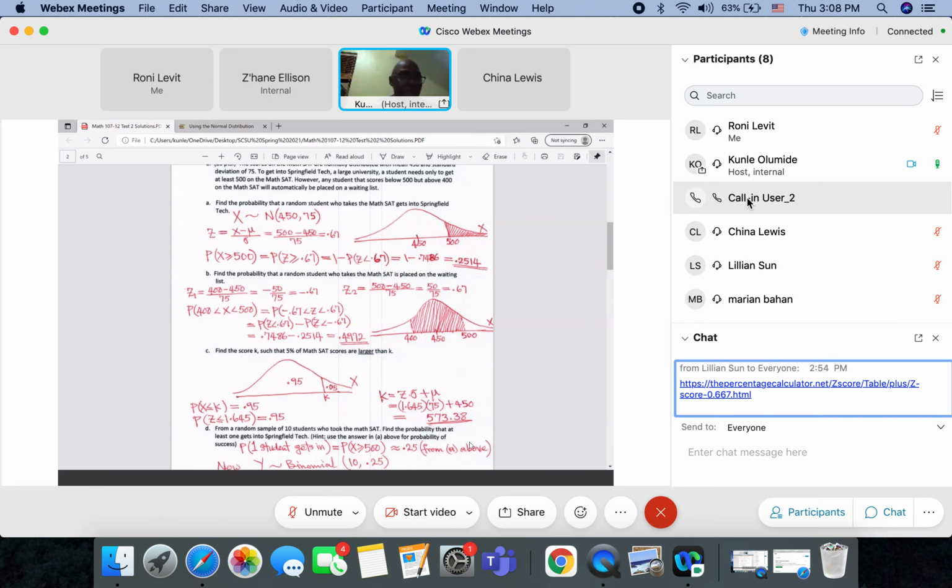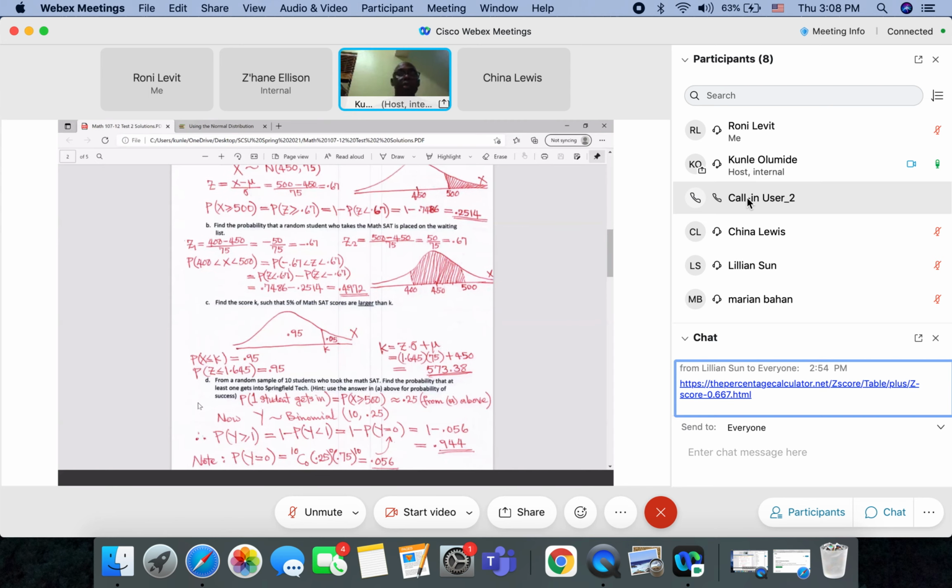Now, the probability of one student getting in is the probability of X greater than or equal to 500, and from A above, that was 0.25. Now you have a new variable. I use Y instead of X. Y is now binomial with N equals 10 and P equals 0.25.